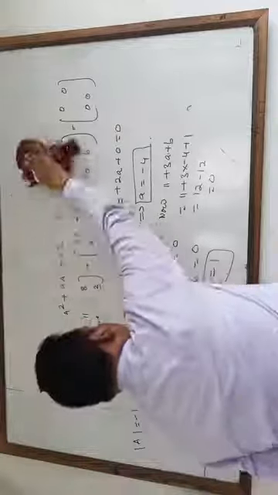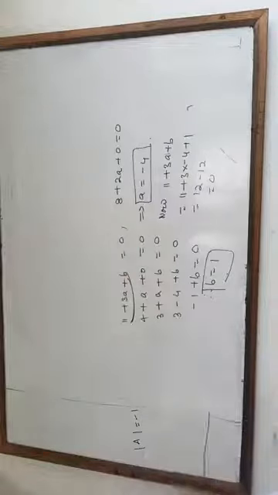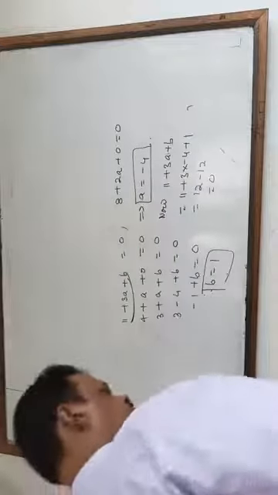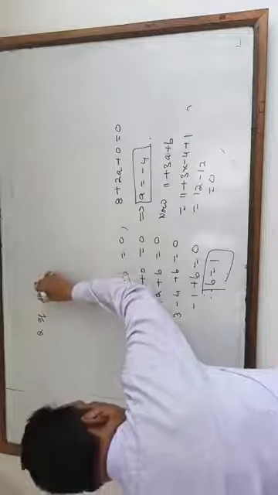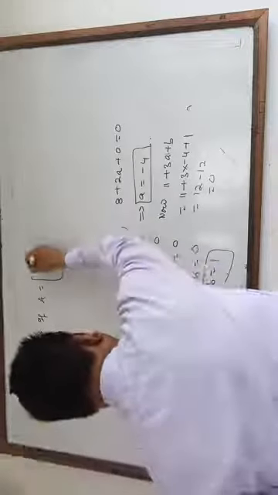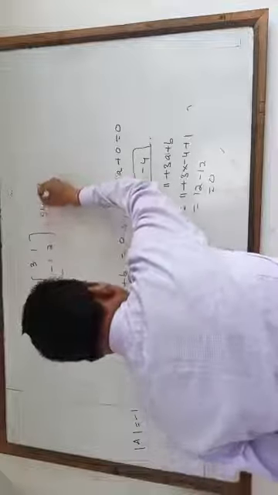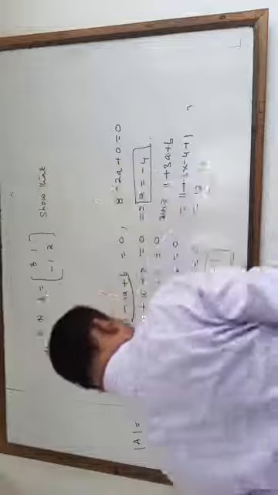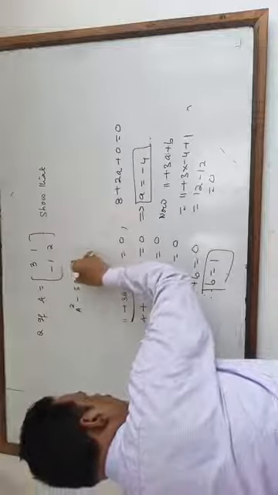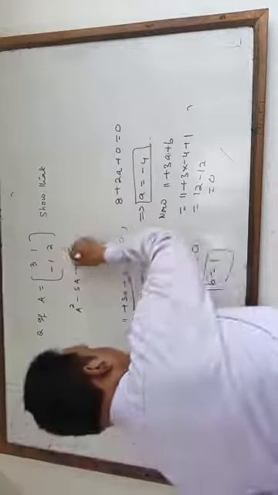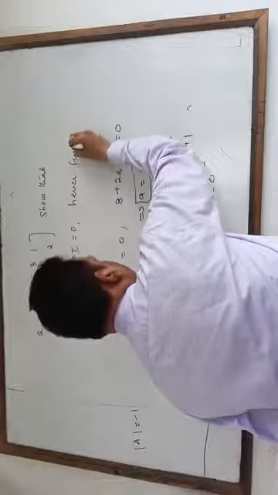Okay, another type of question you see. Another type is: if A equals the matrix 3 1 minus 1 2, so that A square minus 5A plus 7I equals 0, hence find A inverse.